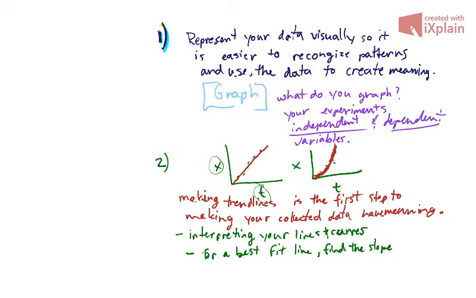The slope is the rise over the run. So I'm going to pick 2 points on my line, and find out how much the x changes and how much the t changes between those points. That will tell me the slope of the line, and the relationship between the x and the t.